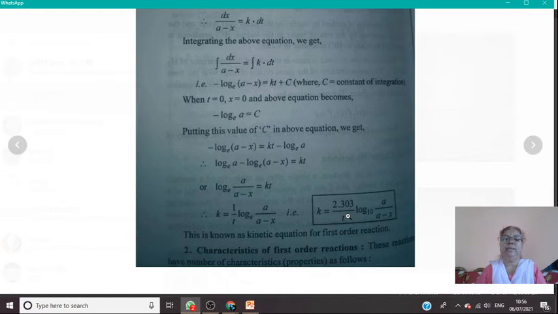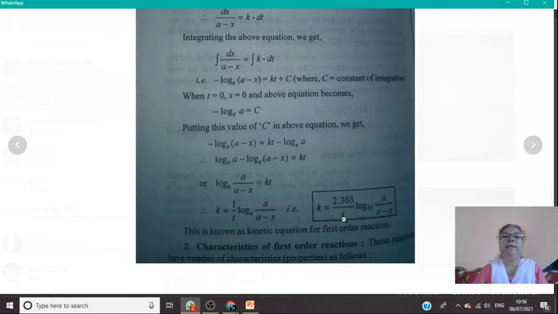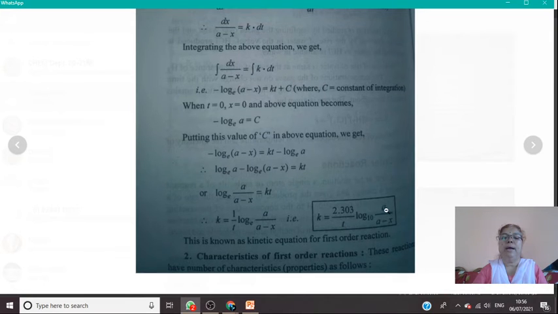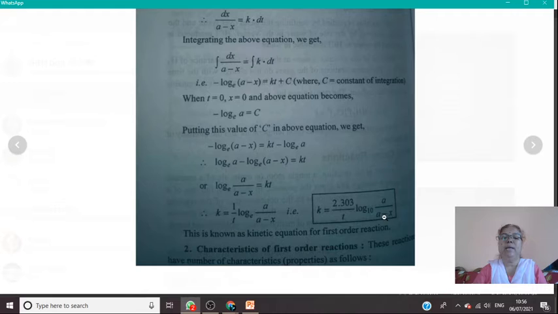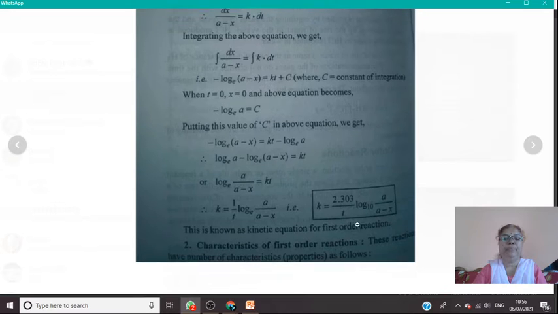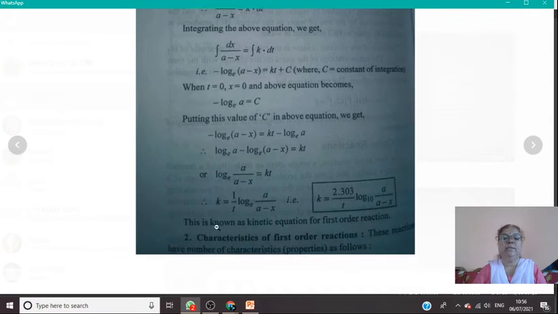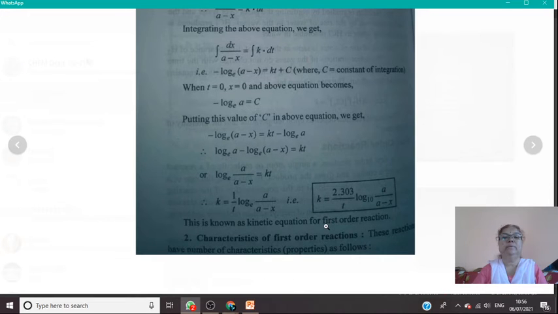In this equation, K is the velocity constant or rate constant, t is the time, a is the initial concentration, and a minus x is the concentration remaining after decrease in time t. This equation is the first order kinetic equation.